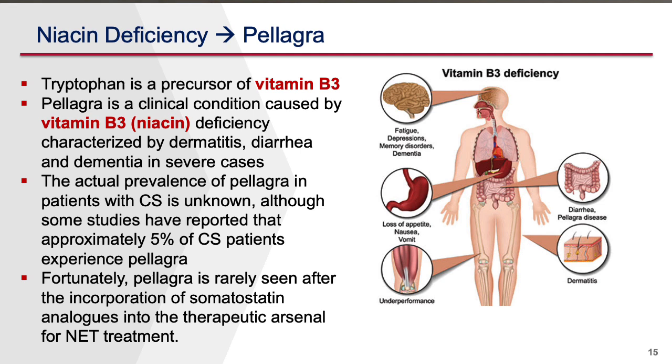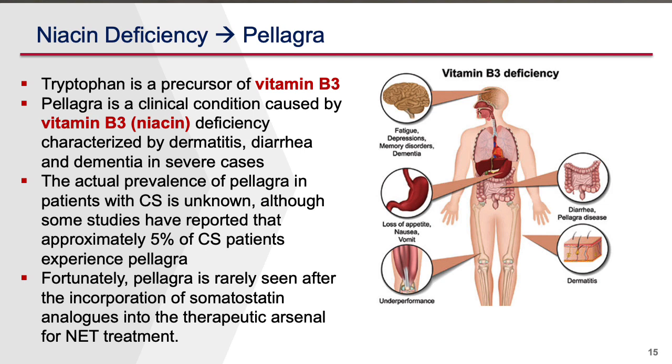Another condition associated with the excess serotonin is a condition called pellagra. Now, here in the States, it's not very common, and one of the reasons is because there are medications like sandostatin or lanreotide that minimize this. But in other countries, like in South America or any countries that may not have availability of sandostatin or lanreotide, this is more seen.